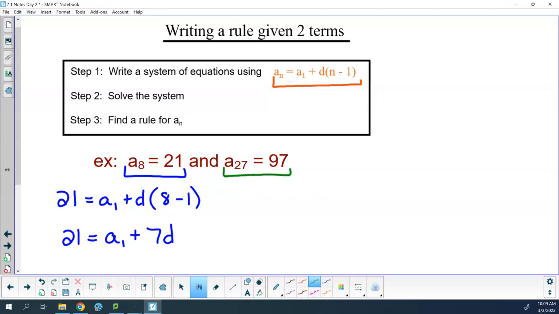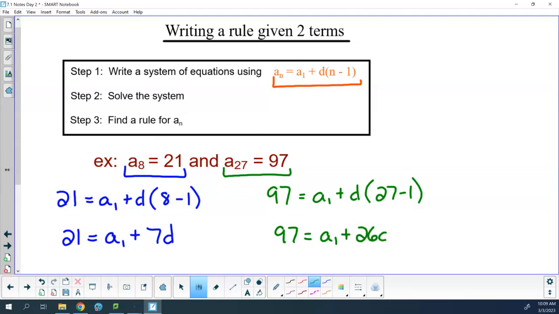Then I go over to the other term and do the same thing. Now 97 is going to equal the first term plus d times, that was the 27th term, 27 minus 1. So I get 97 equals a sub 1 plus 26d.